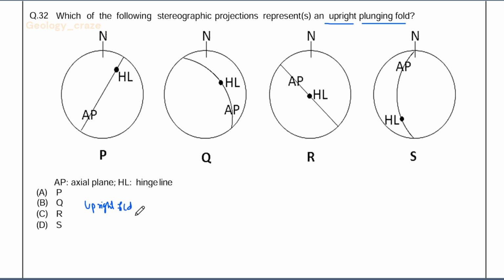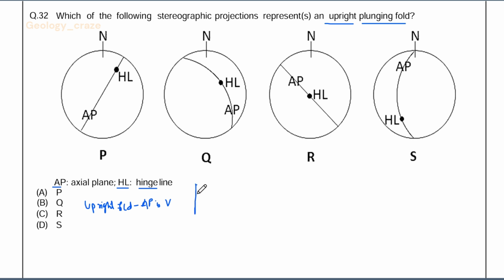Upright fold is when the axial plane is vertical. The axial plane, whose symbol is AP, is given in this figure, and the hinge line is given with the symbol HL. The axial plane is vertical like this.